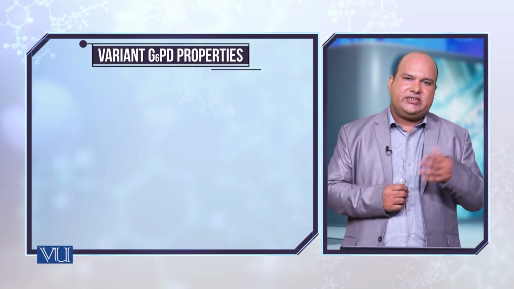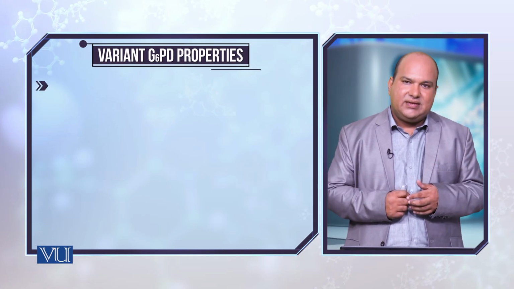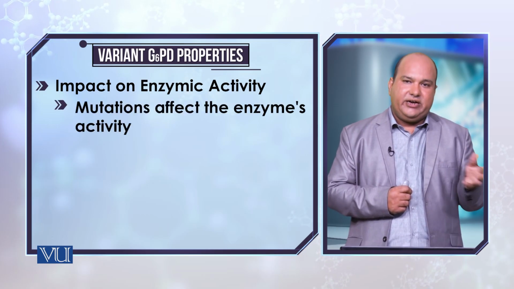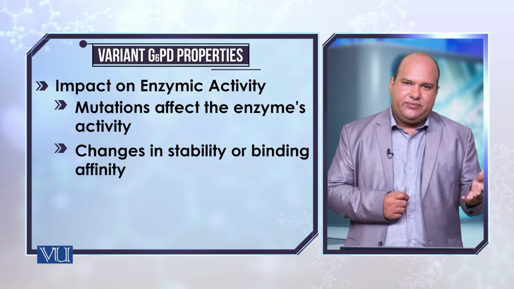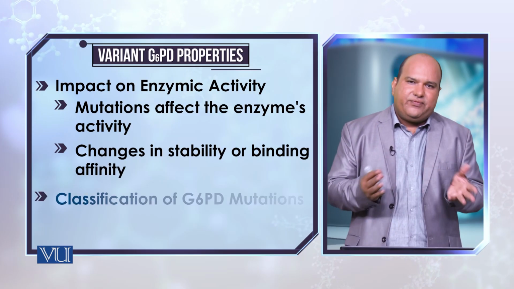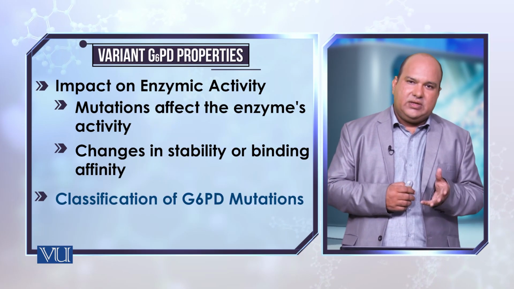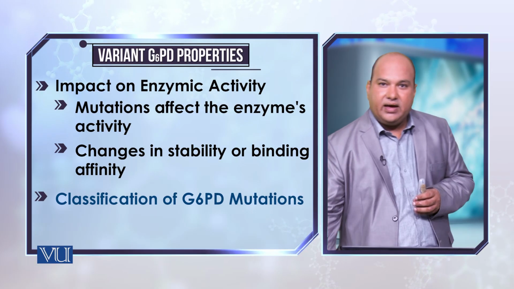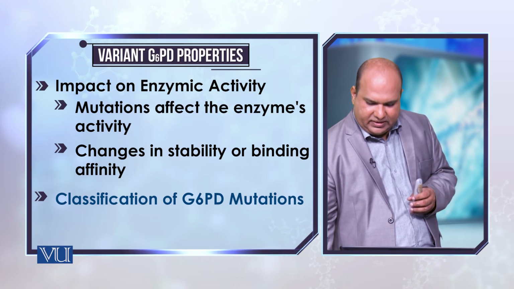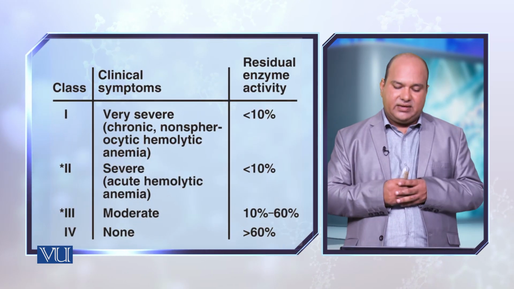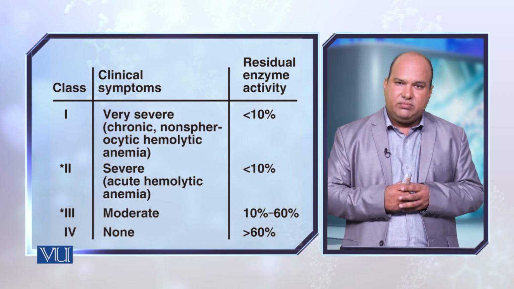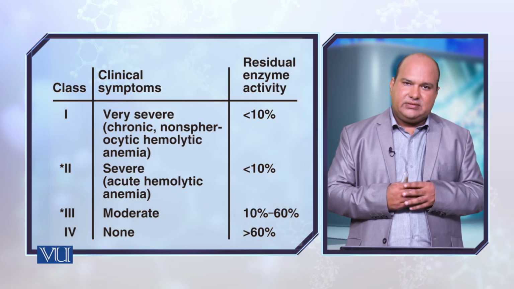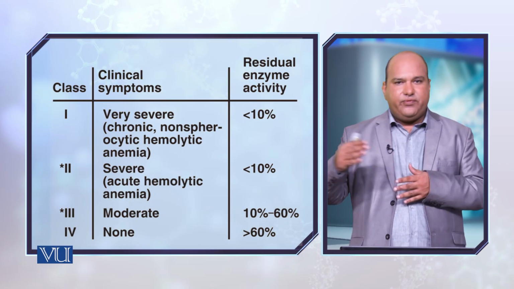Then there are certainly variants of the mutations of this glucose 6-phosphate dehydrogenase defect. Different mutations give different susceptibilities to this disease. We usually classify these mutations into class 1, class 2, class 3 and class 4 mutations, which have different levels of severity.